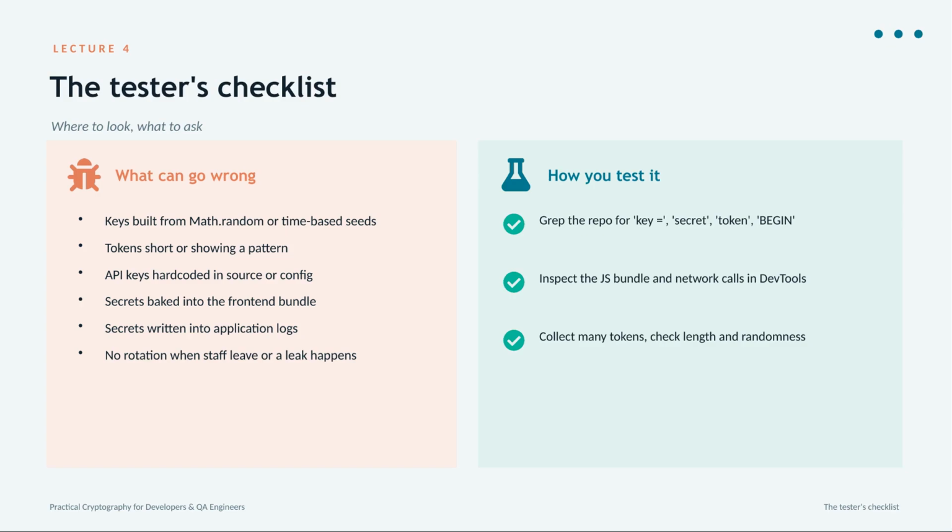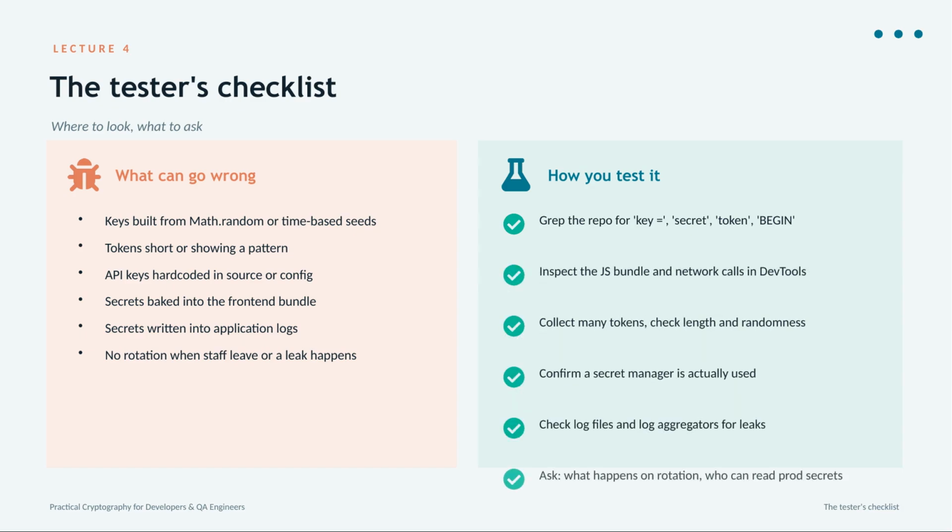Are secrets stored in a proper secret manager and rotated when people leave or something is exposed? You don't really need to break any math to find them, and that's the main point. A lot of the time, it's never the problem of math. You just need to know where to look. And with this, hopefully, now you do.